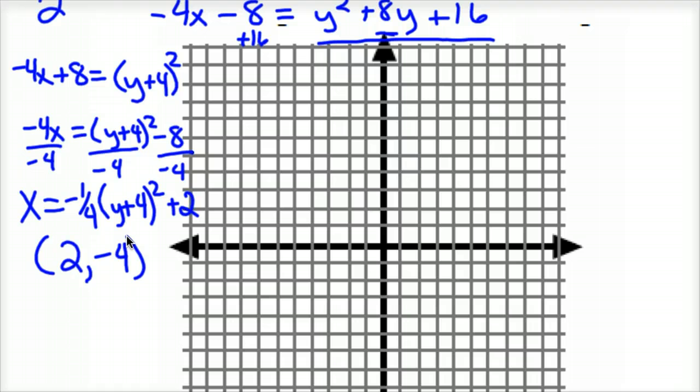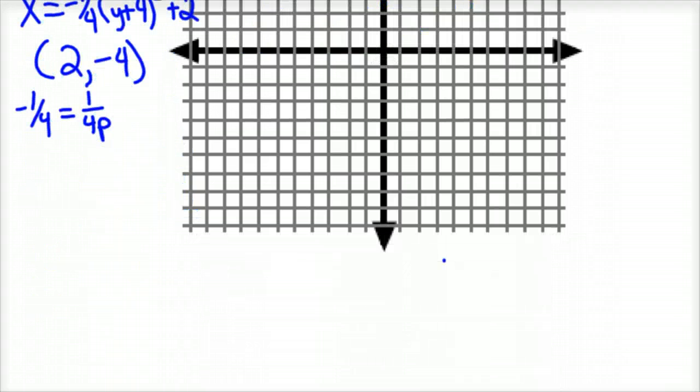My focus is going to be found by taking negative 1/4, setting it equal to 1 over 4p and cross multiplying. So when you do that, you'd have negative 4p equals 4, and so p is equal to negative 1. That tells me my focus is going to be to the left. And you can find that really quickly with that formula for focus, which was h plus p comma k.